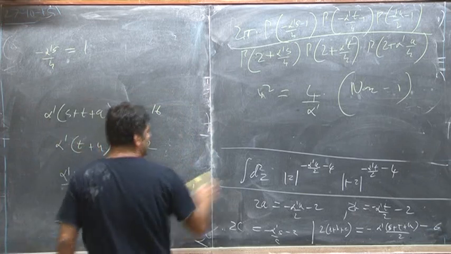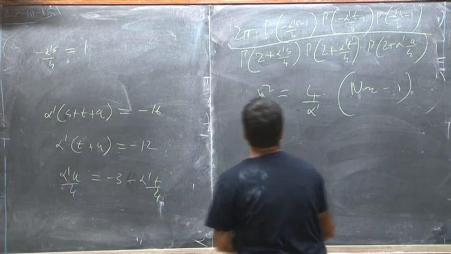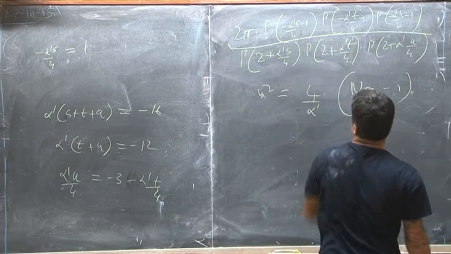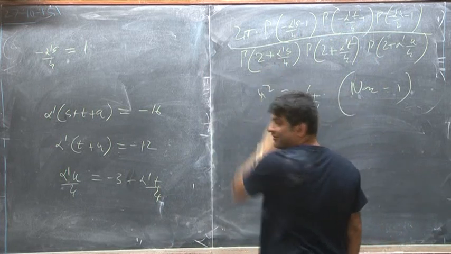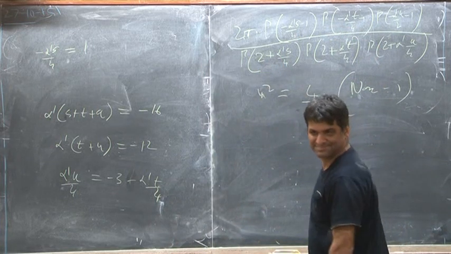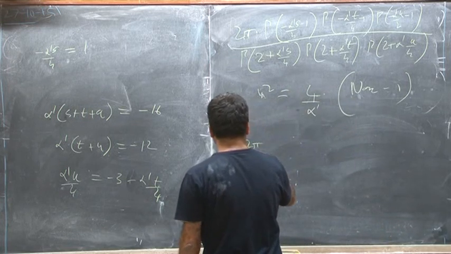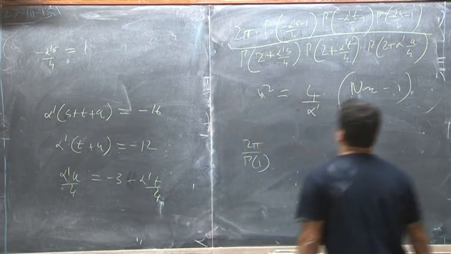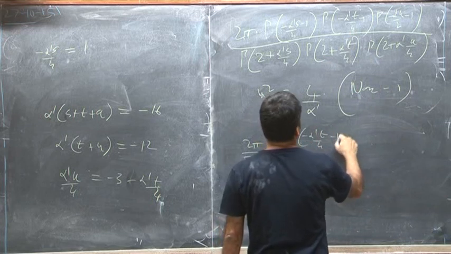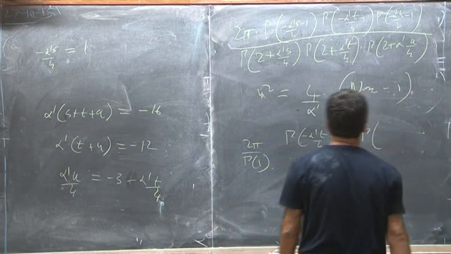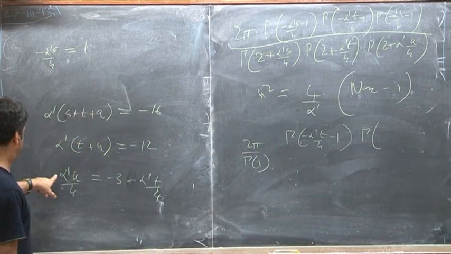Okay? So now let's write out, apart from the guy that's giving us the pole, which is this guy, let's write out what all the others are. This chap is simply gamma of 1, which is 1. Right? So we get 2 pi, we have gamma of 1. Then that chap was gamma of minus alpha prime T by 4 minus 1. That chap was gamma of minus alpha prime U by 4 minus 1.